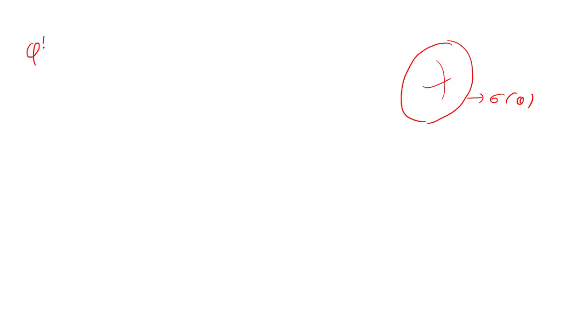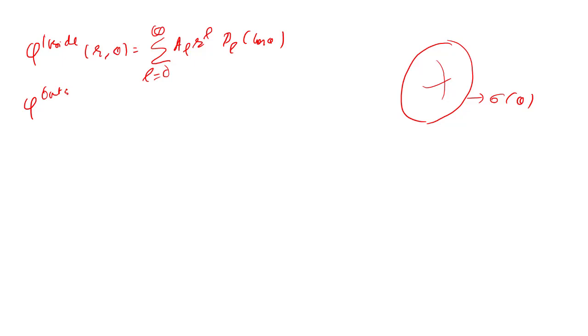So still we have phi inside of r, theta. The same thing applies: it is the sum over L from 0 to infinity of A_L r^L P_L(cosine theta), and phi outside of r, theta is the sum over L from 0 to infinity of B_L by r^(L+1) P_L(cosine theta), right?